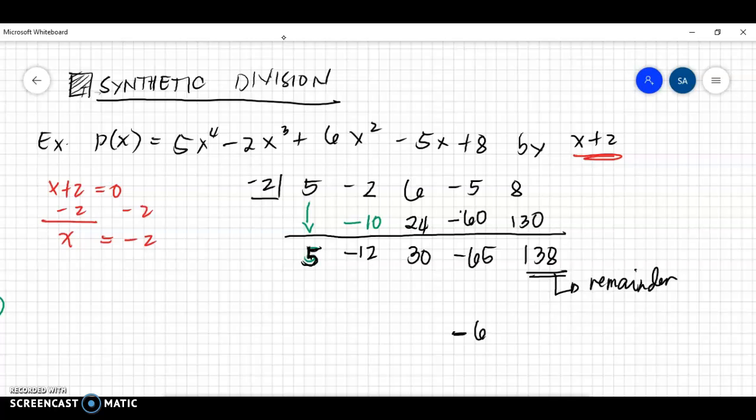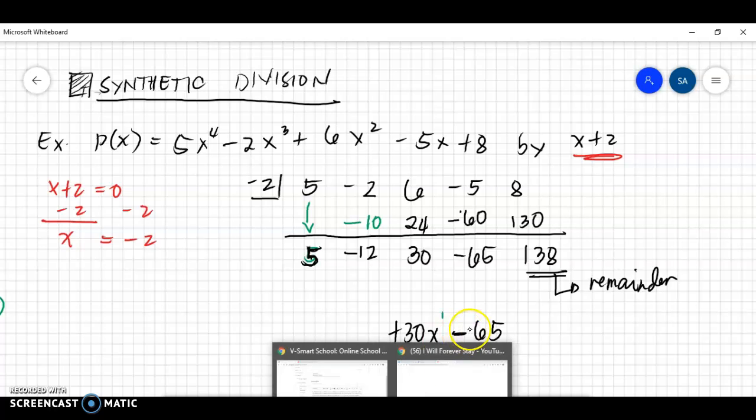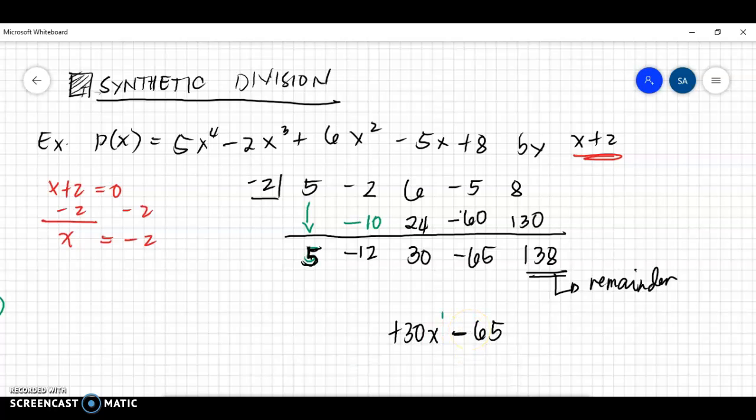Next, the next term is a times x, so we have positive 30x. Kasi meron siyang imaginary exponent of 1. Next, your next term will be negative 12x squared. And you have 5x cubed.